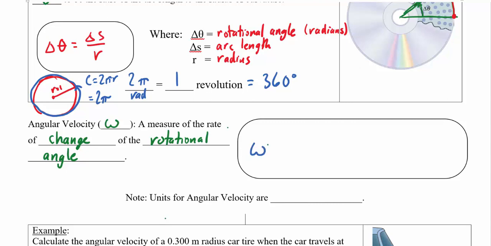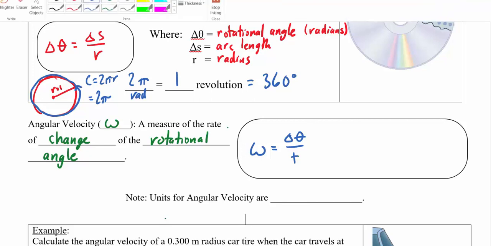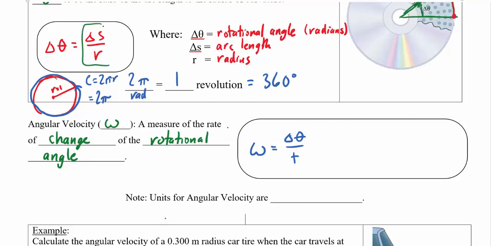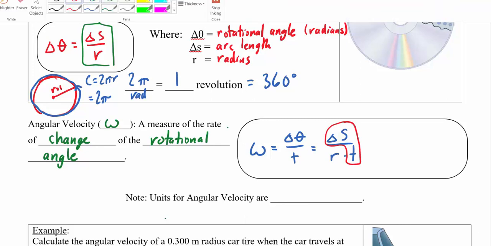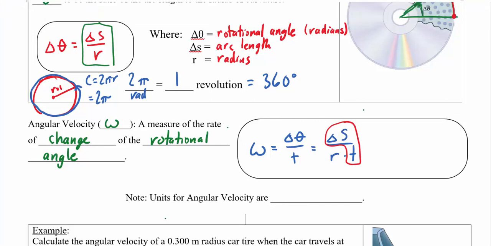And so we define our angular velocity as our change in rotational angle over time. But remember that we just learned back here that the rotational angle is delta S over R. So we could say that this is equal to delta S over R times t. Well, if you think about it, S over t, which is distance over time, or displacement over time, that's really just velocity.